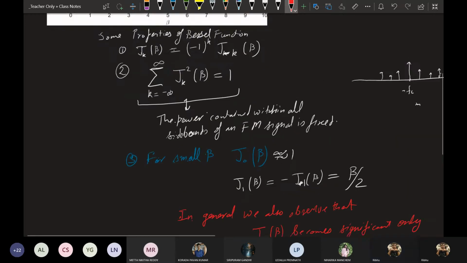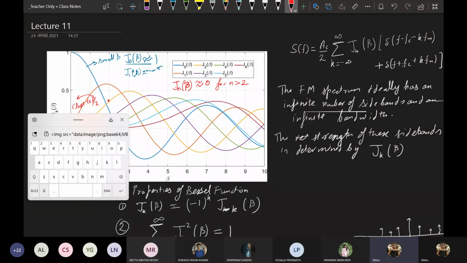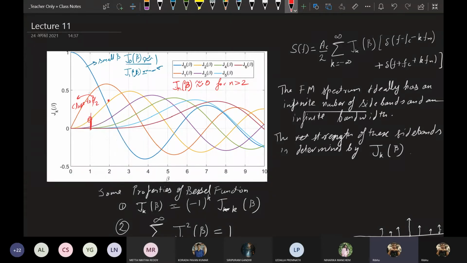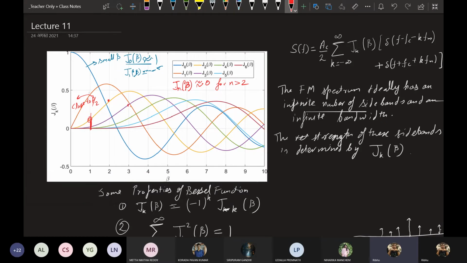See, J1 beta becomes significant earlier. J2 beta, if you look at it, becomes significant only around beta equals 2. J3 beta becomes significant around beta equals 3, and so on.